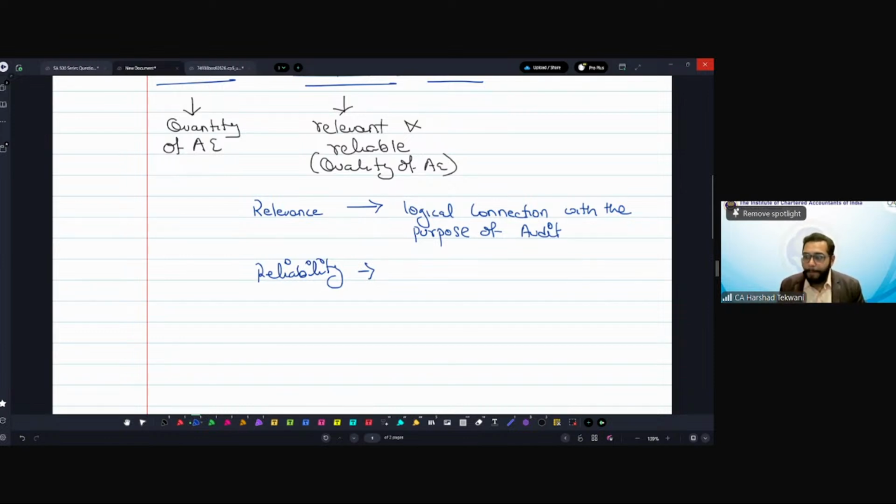For example, management representation. Management representation is a kind of audit evidence, but it is not that reliable, because it can be influenced by the source very much.